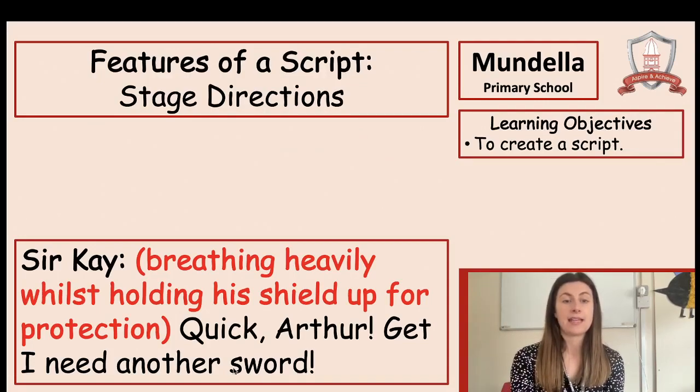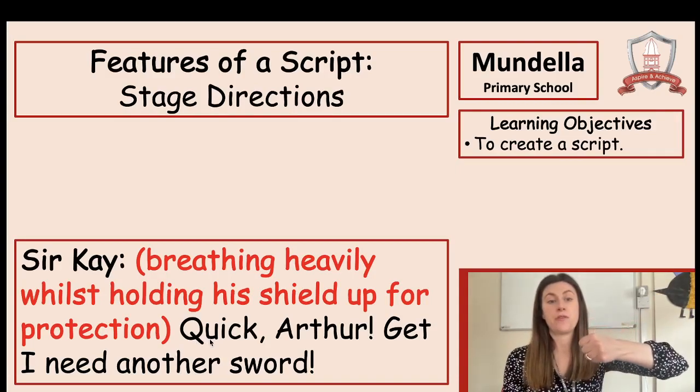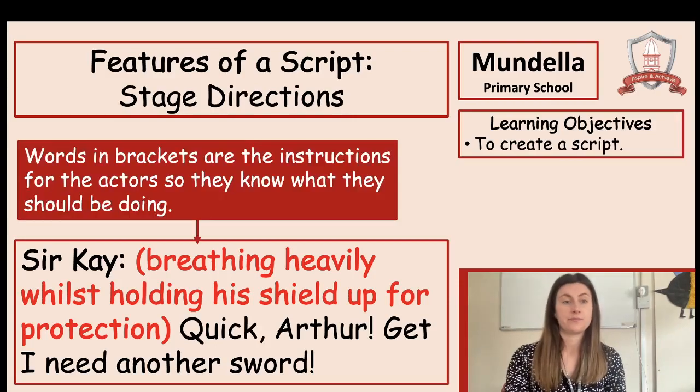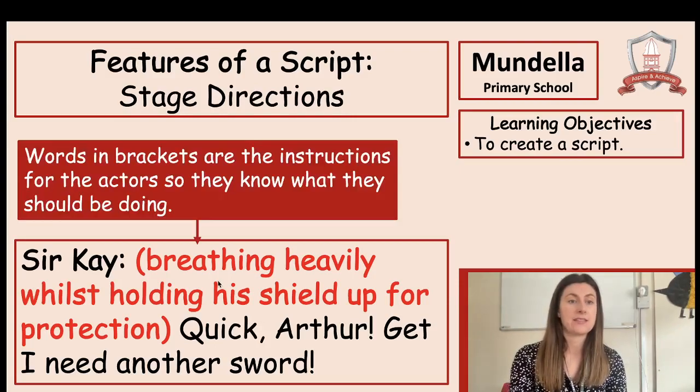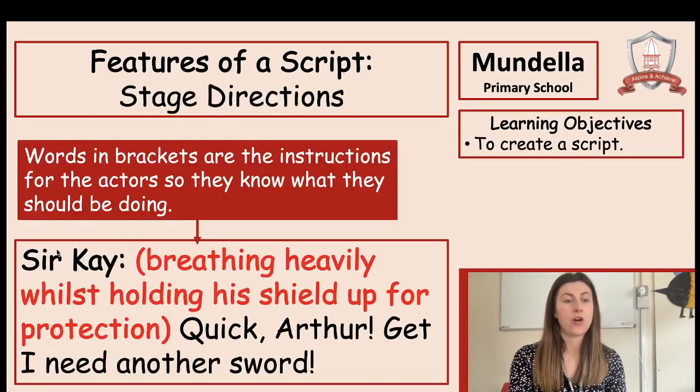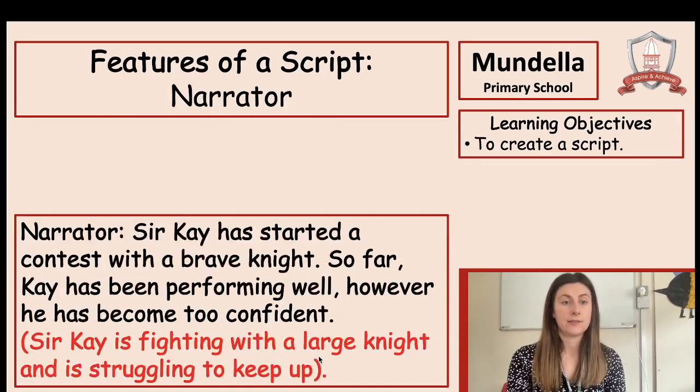And then the rest of it is what he says. So he'll be breathing heavily whilst holding his shield up for protection. Quick, Arthur, get me another sword. So you can see the brackets are instructions. Oh, and we've got the name of our actor here, and then we've got what they say afterwards.